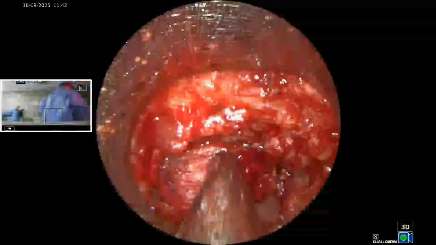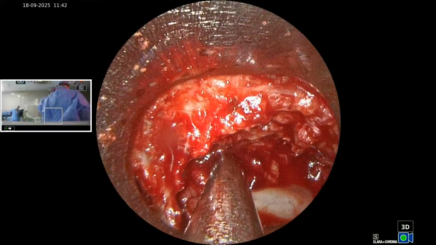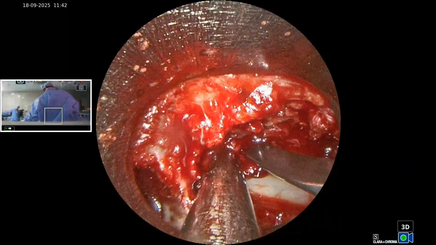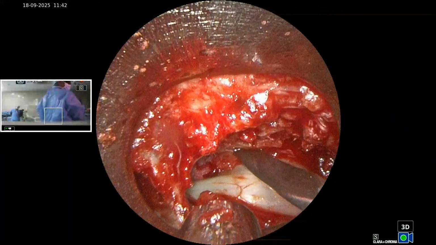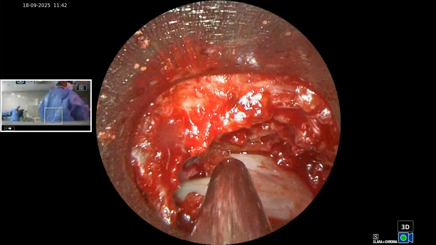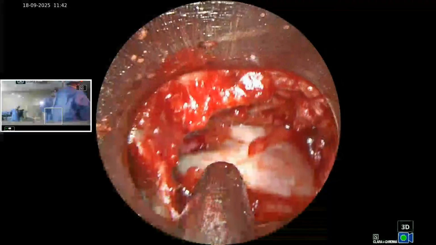Now just repositioning our petty. This is a cranial petty. Reposition at the right side.